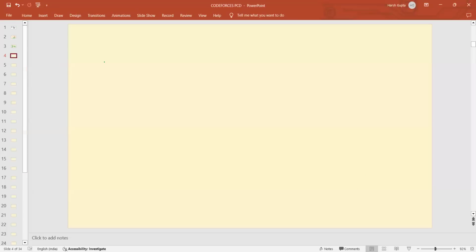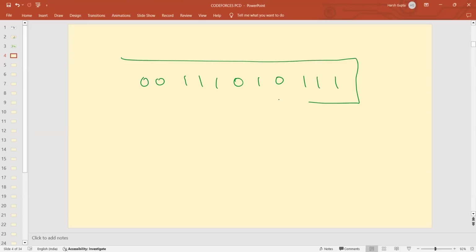The question says that you have some binary string, something like this, and there are two players, Alice and Bob. Now what a person can do is remove all the elements in a substring, if the elements in the substring are equal.